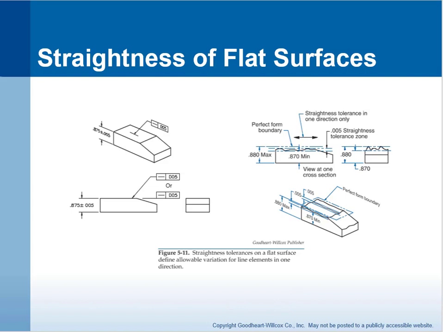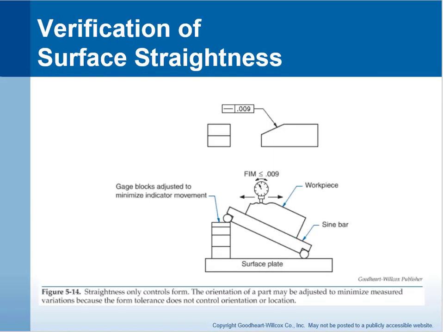So how will we test that? Here's how we would test that. So we're going ahead a little bit, but what we're using here is a surface plate with some gauge blocks to set this angle up at the right, and then we're going to check straightness of that surface.